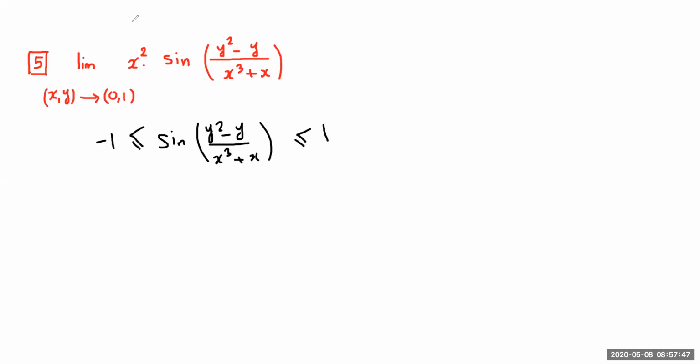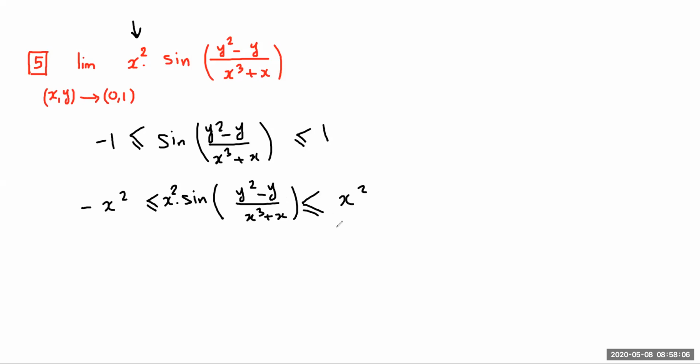So let's multiply by x². So minus x² is less than or equal to x² times sin((y² − y)/(x³ + x)), less than or equal to x².